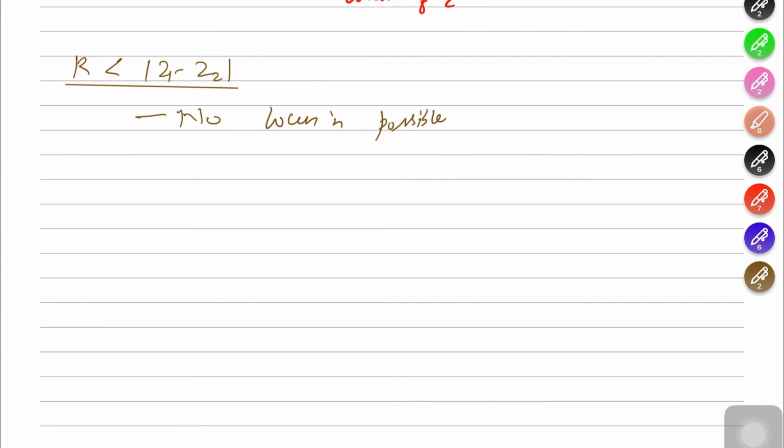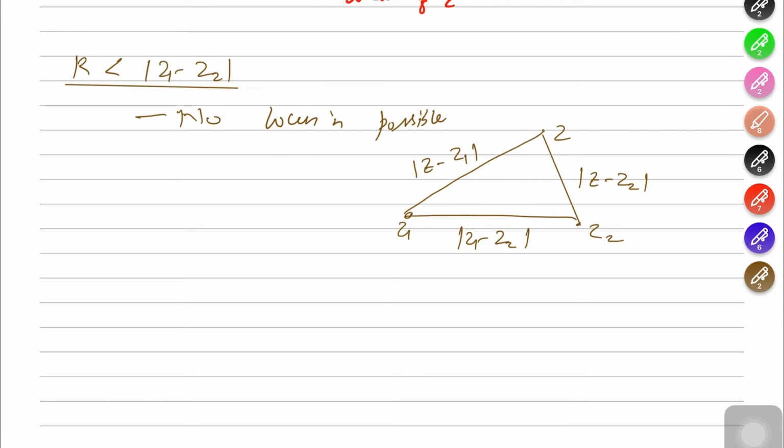You can see that suppose this is Z, this is Z1, this is Z2. So this is the Z minus Z2 distance, this is the Z1 minus Z2 distance, this is the Z minus Z1 distance. So if |Z minus Z1| plus |Z minus Z2| equals K, which is less than |Z1 minus Z2|, it is not possible, because the sum of two sides is less than the third side. That clearly is not possible.